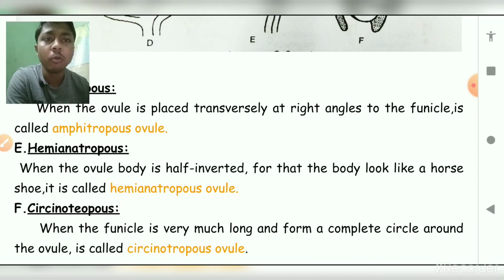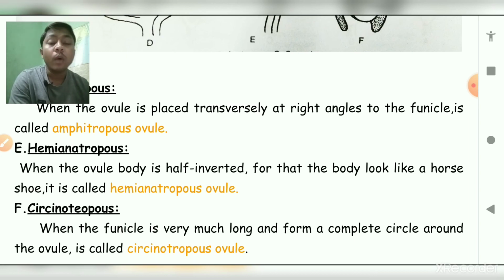When the ovule body is half inverted, the body looks like a horseshoe. So that's the reason when it is half inverted, it looks like a horseshoe, and it is called hemianatropous. Okay, I hope this is clear to you.